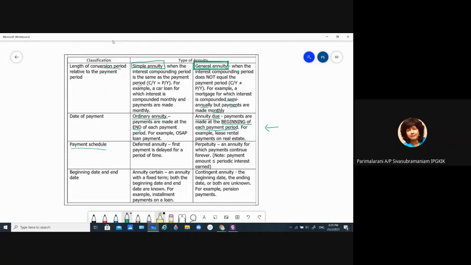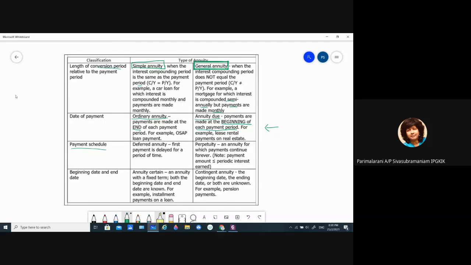After some time, you get an income regularly, maybe every month or every quarter or every year. So if you make one lump sum payment and you don't get the money immediately, then it is called a deferred annuity. If you get the money immediately, it is an immediate annuity.